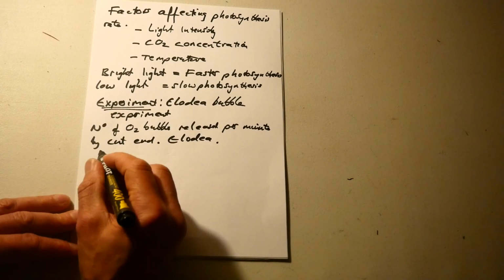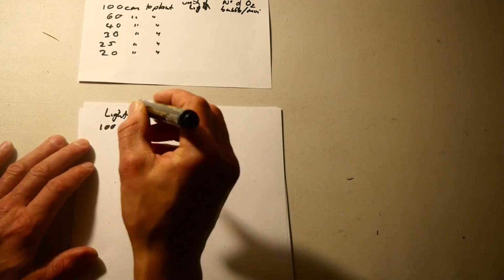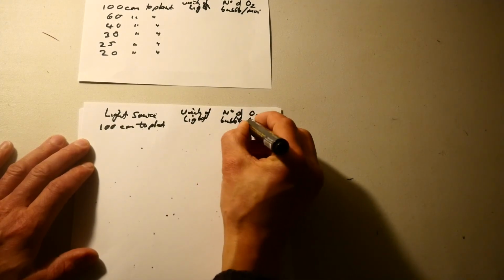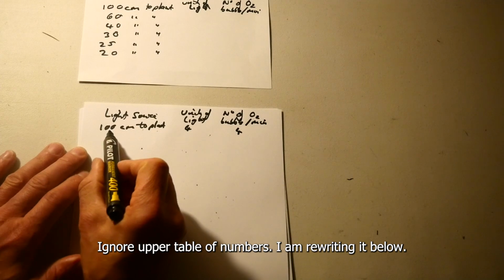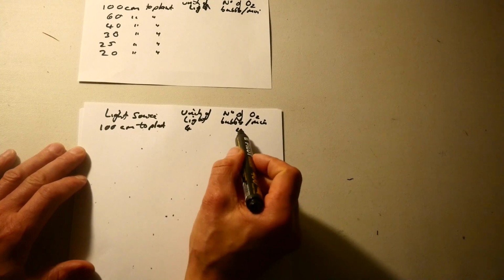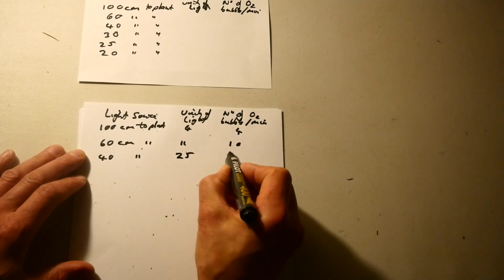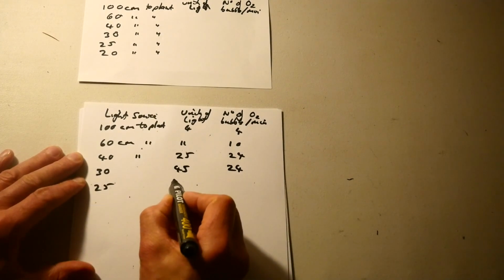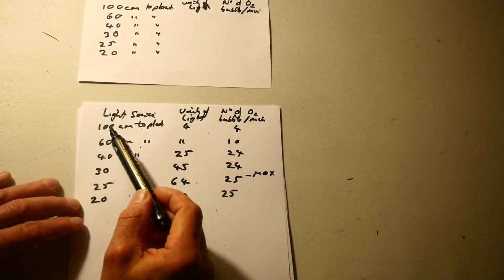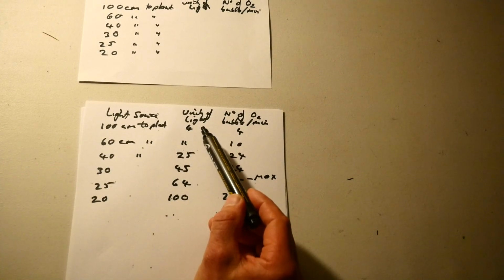So a quick table which I'll draw out. When the light source is 100 centimeters from the plant, 4 units of light are recorded.